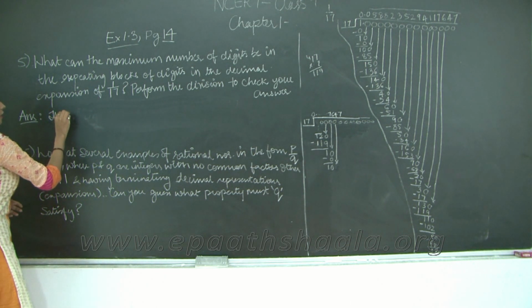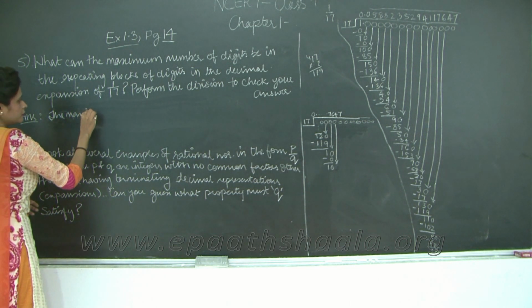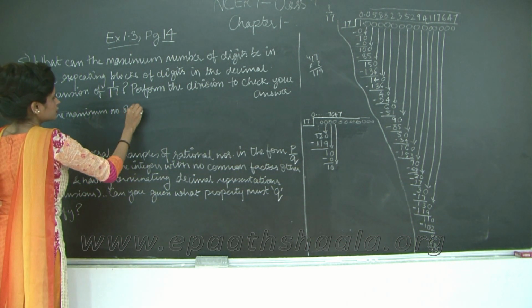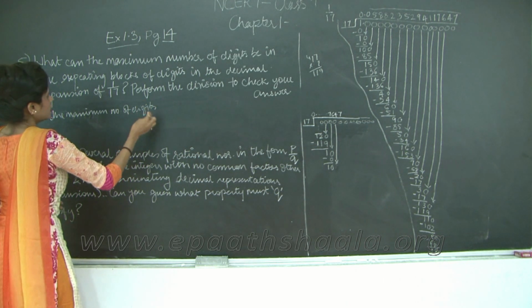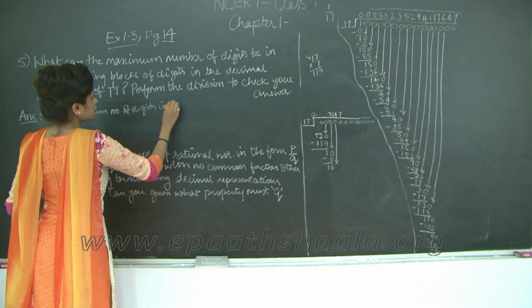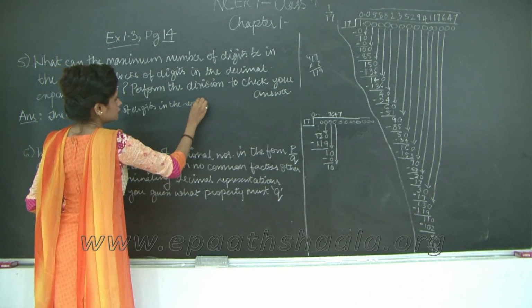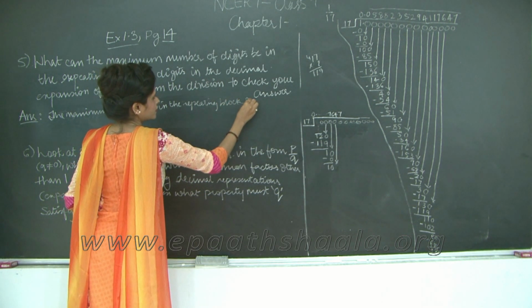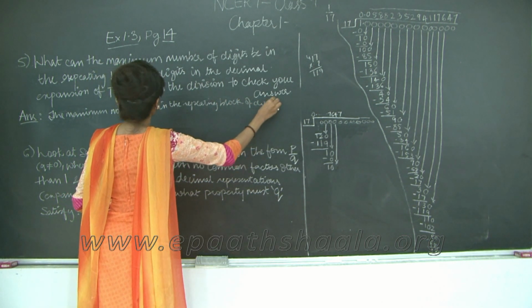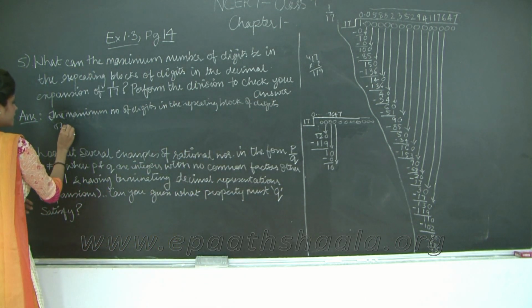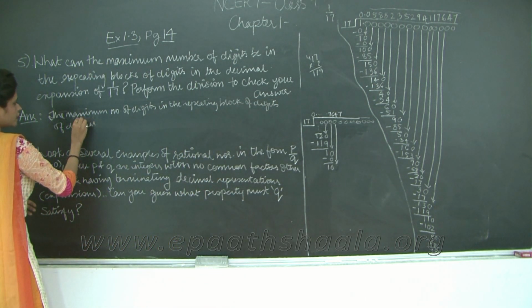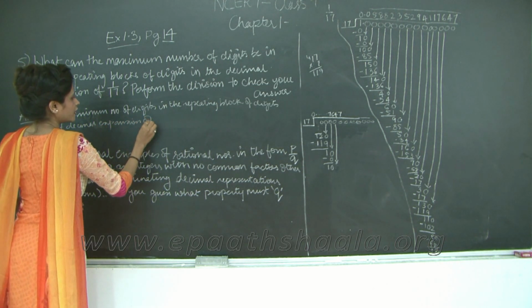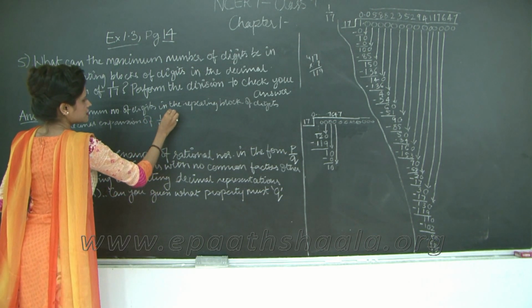So the maximum number of digits in the repeating blocks of digits of decimal expansion of 1 upon 17 is 16.